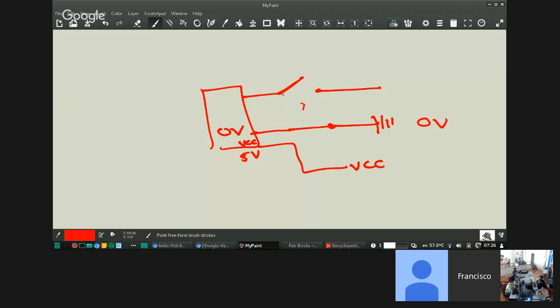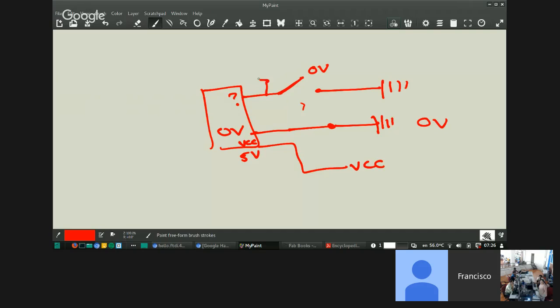But if you connect the switch to nothing, on the air, the microcontroller doesn't know what's happening here, because this is not 0 volts. This is in the air. So you need to read something.